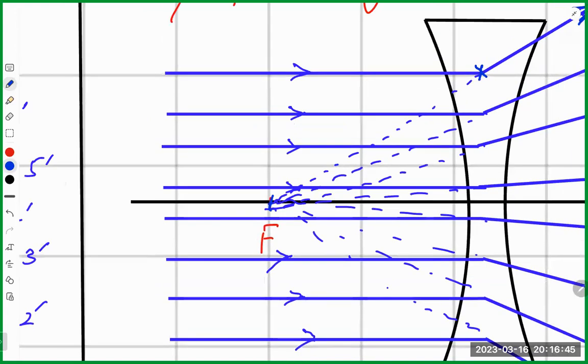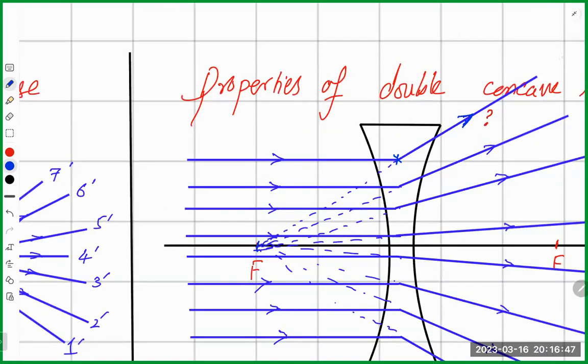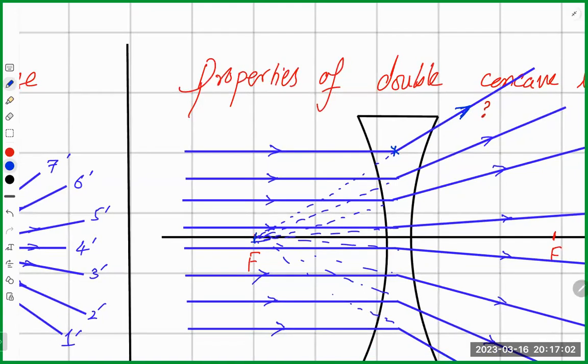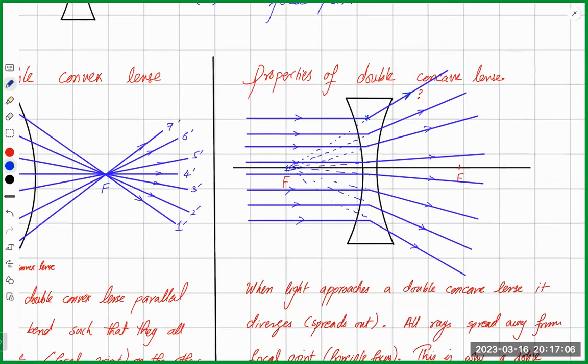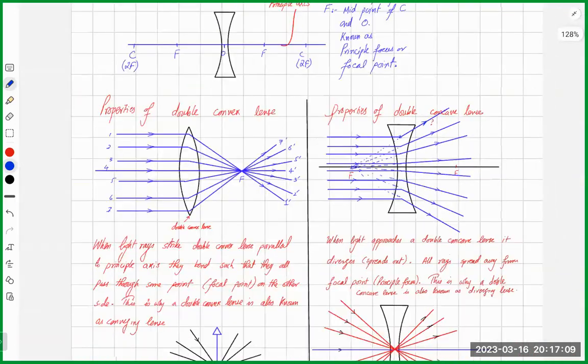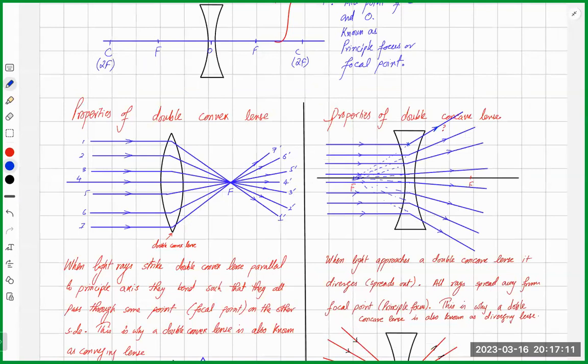So you make this light ray go away from F in this direction. If you backtrack this line, the line with the question mark on it, you will come back to point F on the same side. So all these light rays are going away from F. So F is important for both lenses, whether it is converging or diverging.